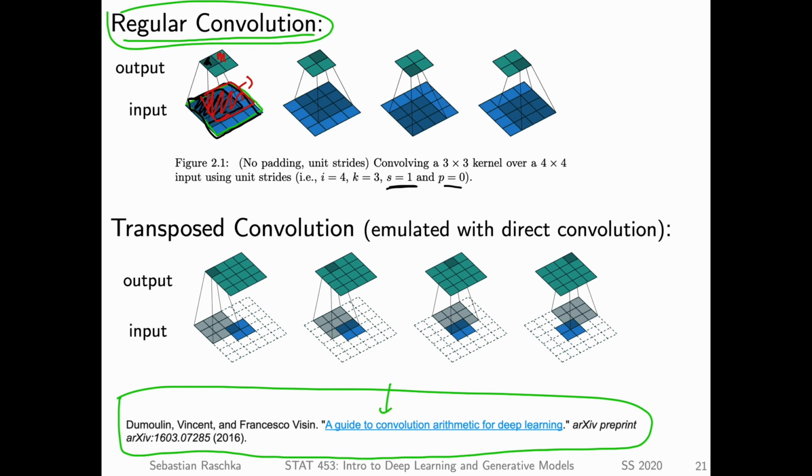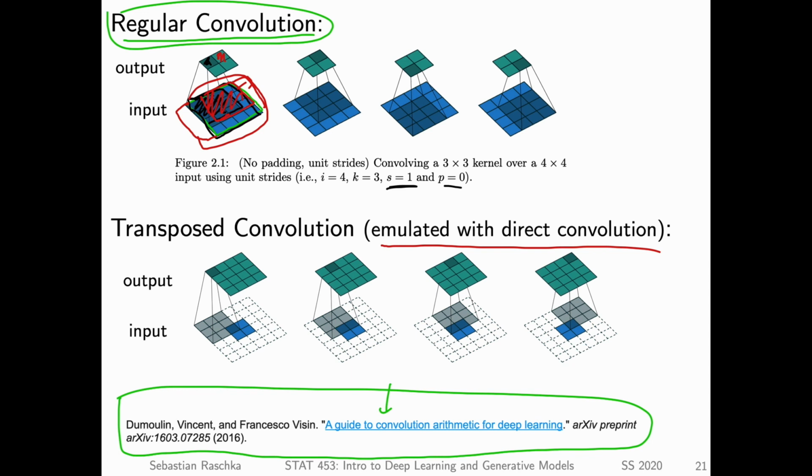If you want to maintain the output size, you would have to add padding, actually everywhere. Okay, doesn't really matter. So this is just recapitulating the regular convolution. Now, the bottom part is the transposed convolution emulated with a direct convolution. So in the paper, they use the normal convolution to visualize transposed convolution.